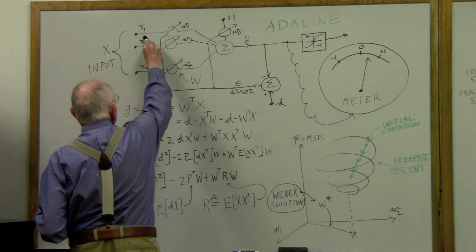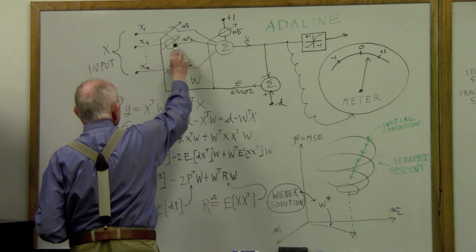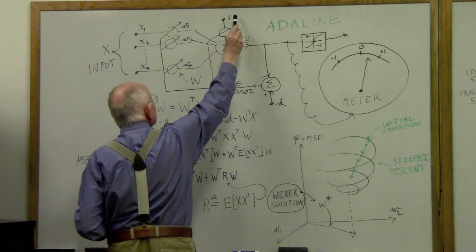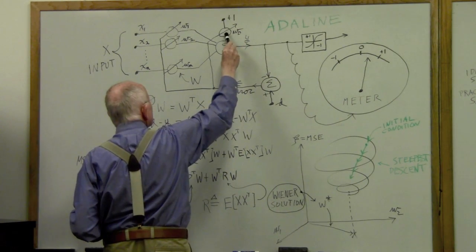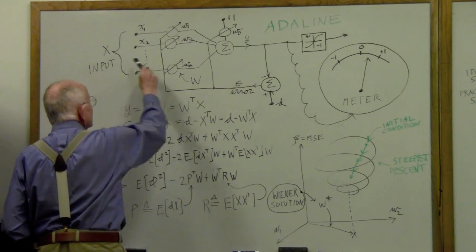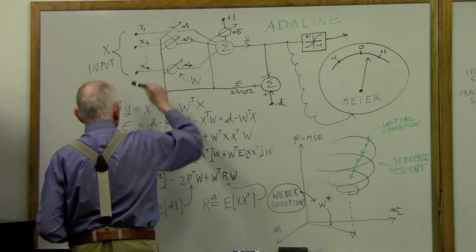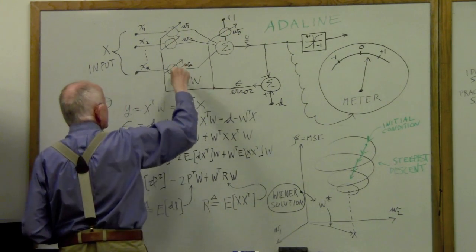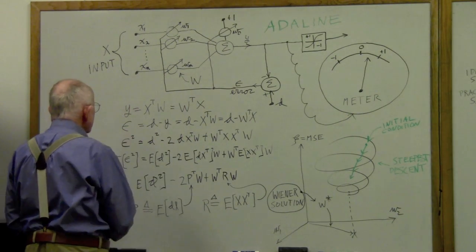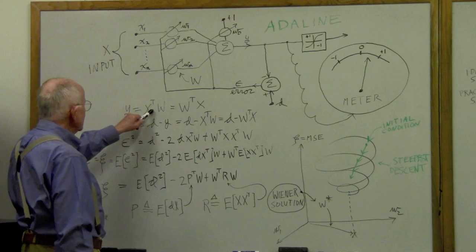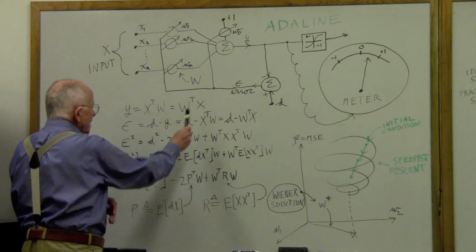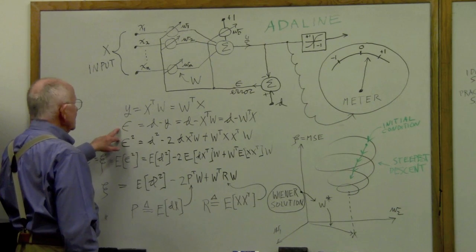So we're taking x1 multiplied by w1, x2 by w2, xn by wn, and x sub 0 is +1 permanently. We go through the bias weight W0. So the x vector includes the +1, and the weight vector includes W0 together with all the others. So the output y is equal to x transpose W, and another way you can write it is W transpose x.